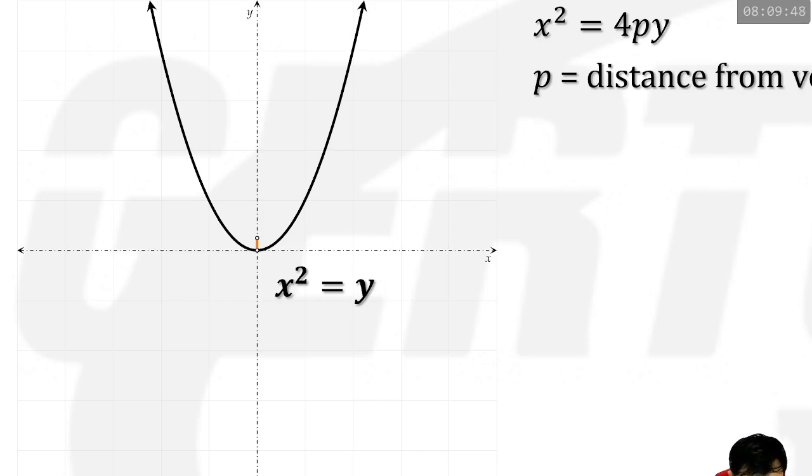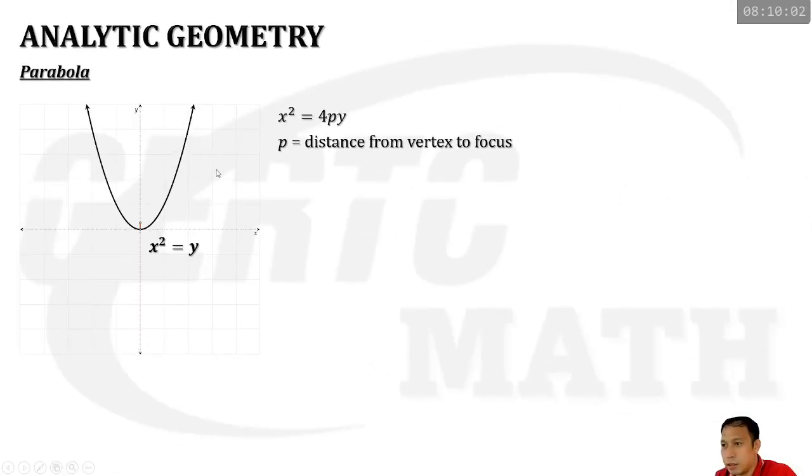Hindi pala klaro yung grid. Okay, I'm going to darken this. Just give me a sec. Okay, how about that? Klaro na?